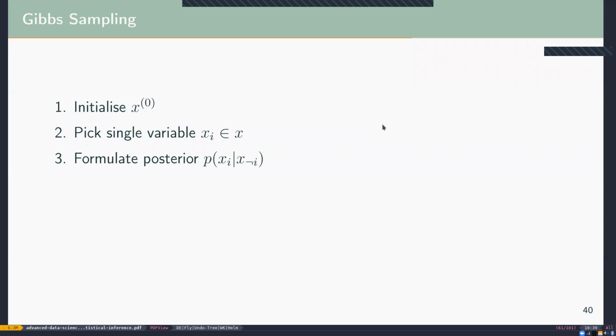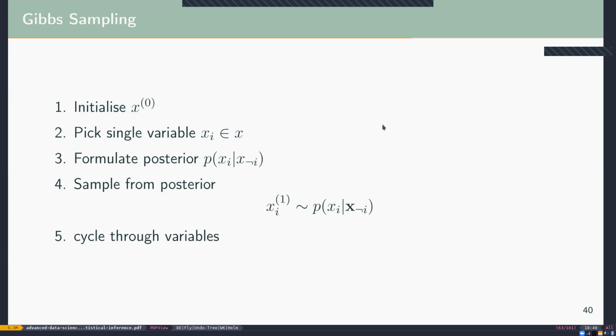The way to think about this: if I know everything except for one, if all these people had to vote for that one, what do they think that one would be? I draw that, I get this new point, and then I chuck that back in to the previous, pick a new i, and keep going.